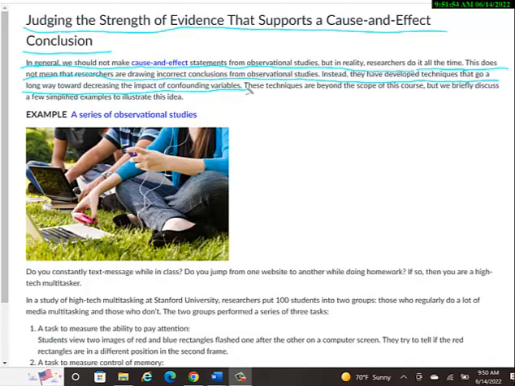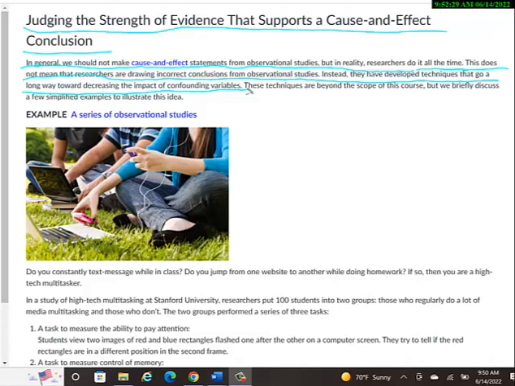So sometimes with observational studies, if you make sure that there are no other confounding variables, like with the hormone replacement therapy example on the previous page, you take a group of women who all have basically the same socioeconomic situation, access to basically the same healthcare, and kind of the same diet, then maybe you can draw some cause and effect conclusions. But all those confounding variables in the previous study made it so you could not.